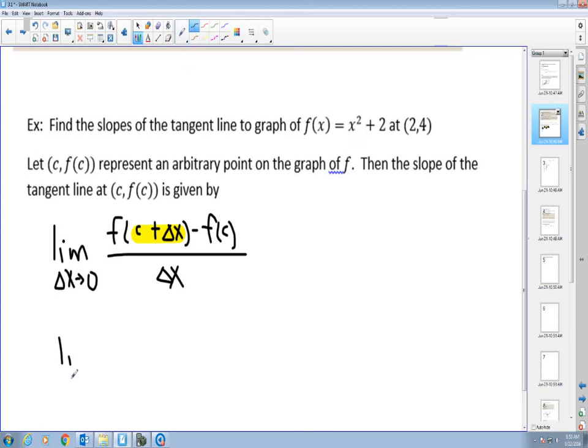Let me write this part down real quick. That will give me c plus delta of x, squared, plus 2.